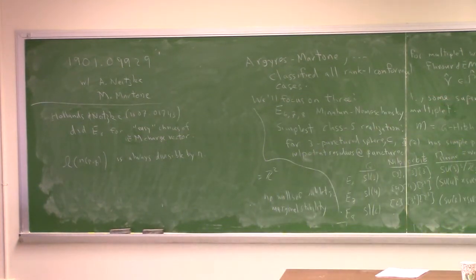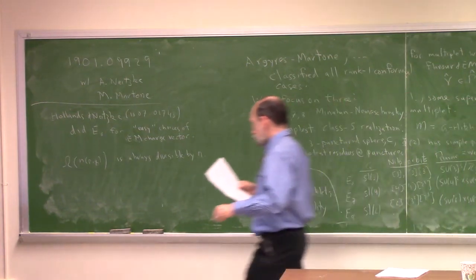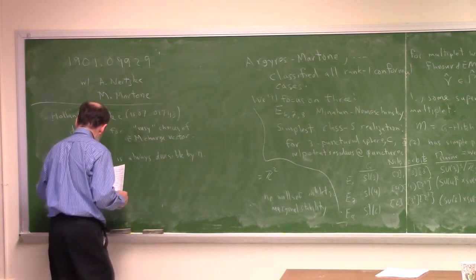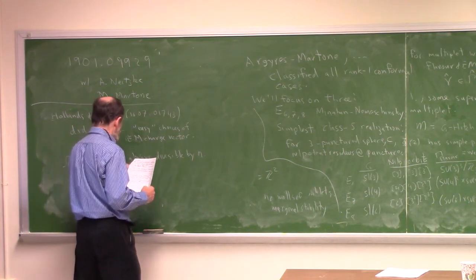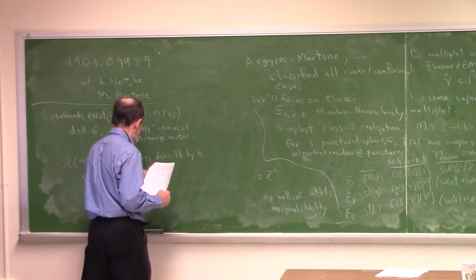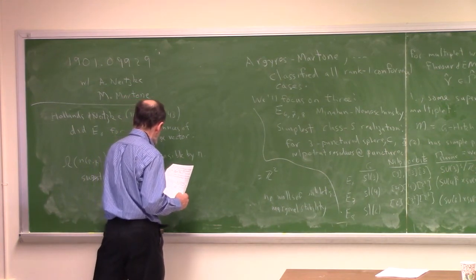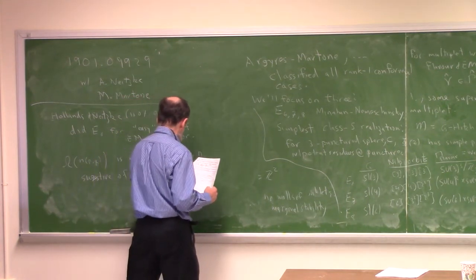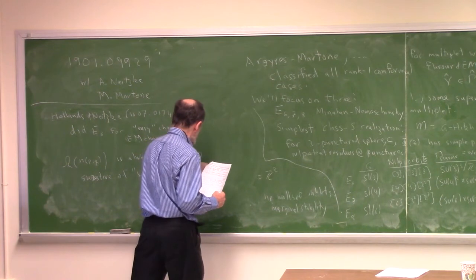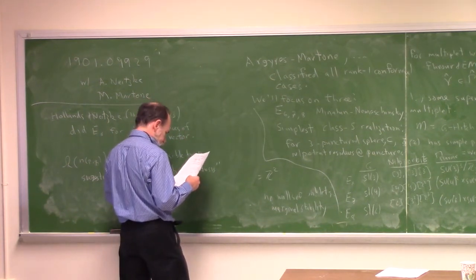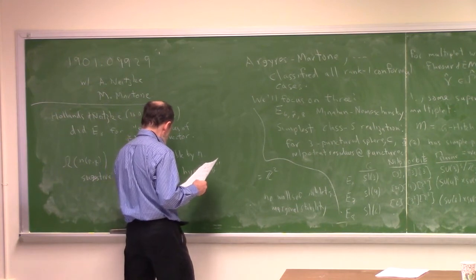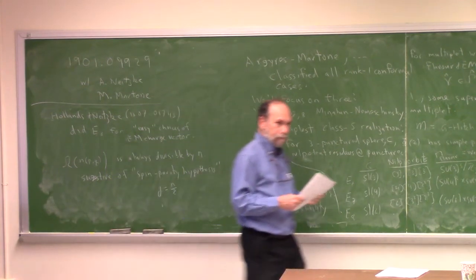And if you look over here, you see that's suggestive of what they call the spin purity hypothesis. Namely, that J is just n over 2.